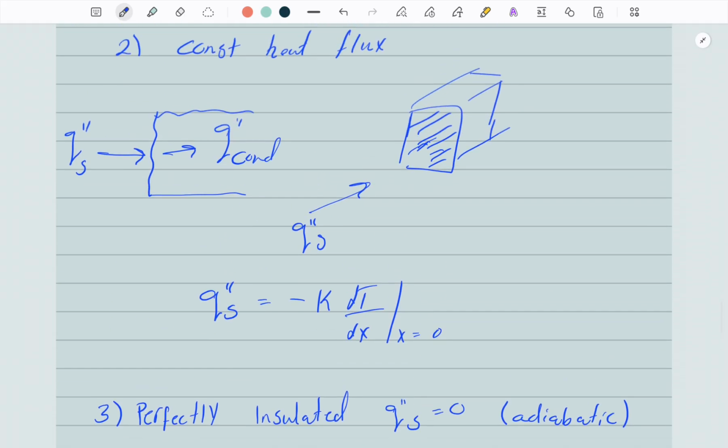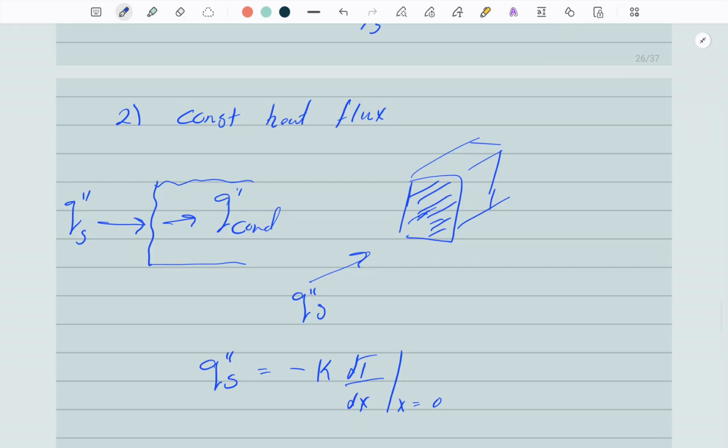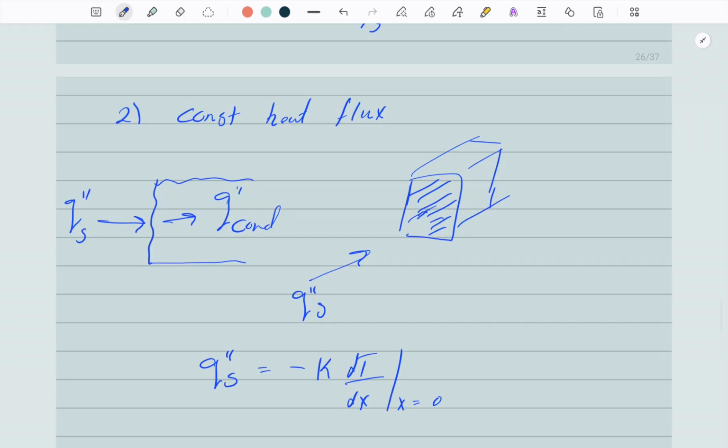Constant heat flux, which is basically if we face a heater to a solid, for example we put a heater plate on the surface, directly connected to the solid, that will be constant heat flux.